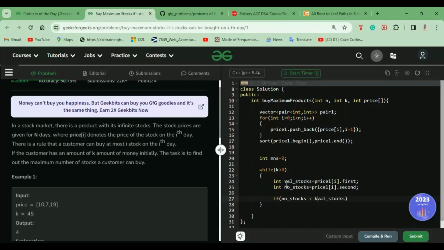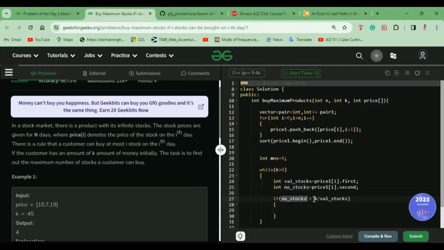What this gives us is the number of stocks that we can purchase right now, and n_stocks gives us the number of stocks we can buy on that day.